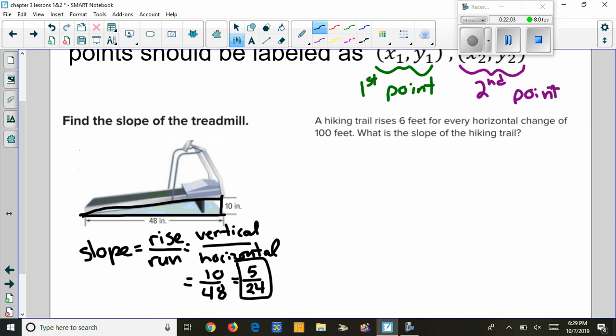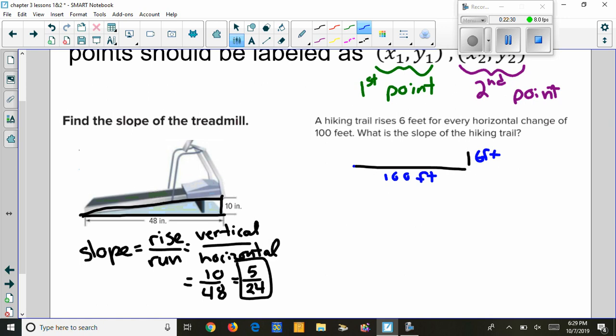We could also have a description in words. It says a hiking trail rises 6 feet for every horizontal change of 100 feet. What is the slope of the hiking trail? So it's describing a change like this, where it's 6 feet and then 100 feet.